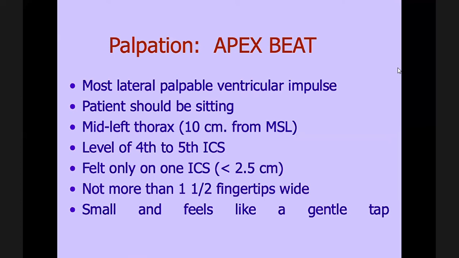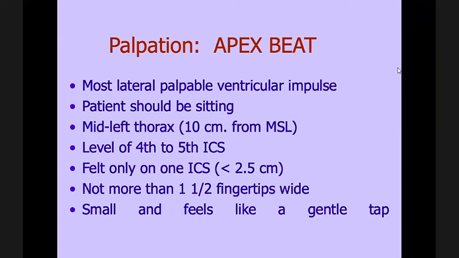So the apex beat is most lateral. It is a palpable ventricular impulse. Patient should be sitting, pwede yan, sitting. If the patient is sitting, it is approximately 10 cm from the mid-sternal line.